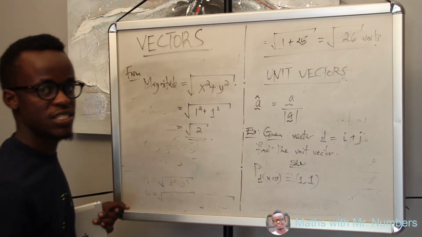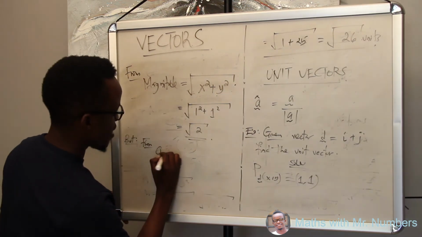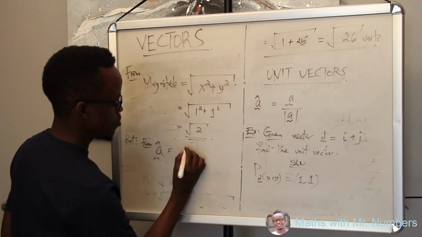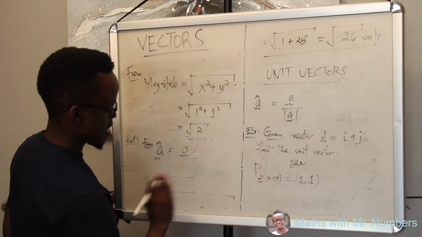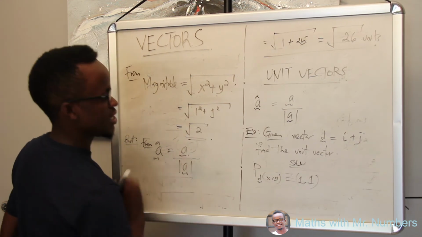After having the answer as the square root of 2, again you are going to find the unit vector. The unit vector of A equals the given vector A divided by the magnitude of that vector.